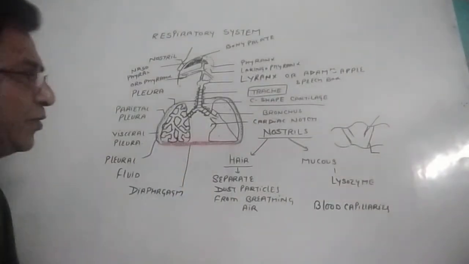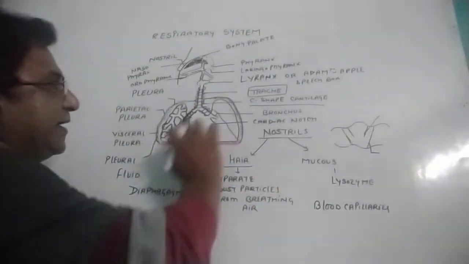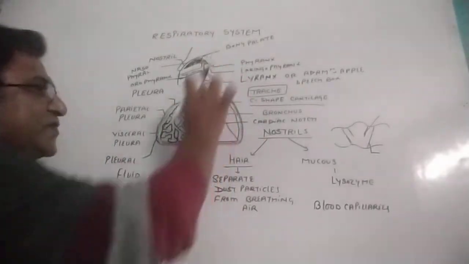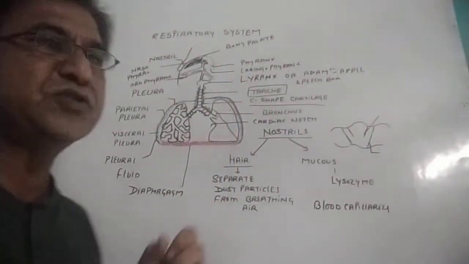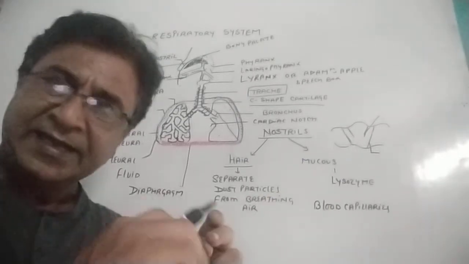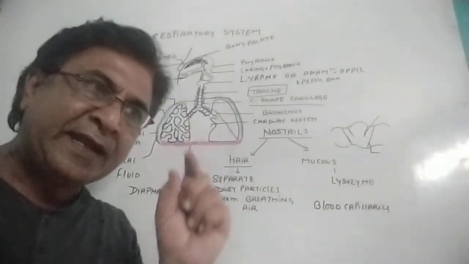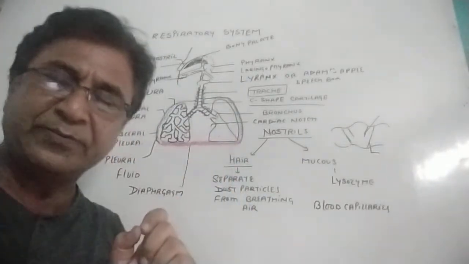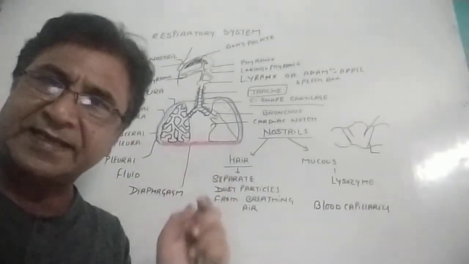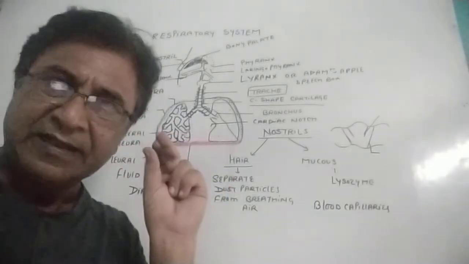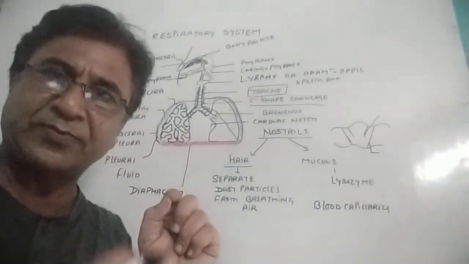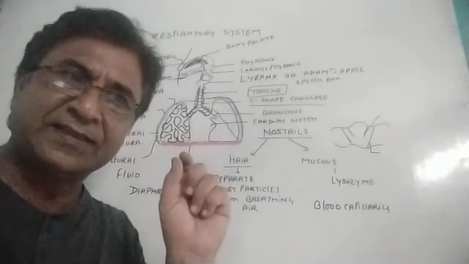Now, we already have explained the lung inside. Bronchi further split into bronchioles, primary, secondary, and tertiary. At the end of the terminal or tertiary bronchiole, there are alveolar sacs. Inside the alveolar sac, there are alveoli. Alveoli are very thin.